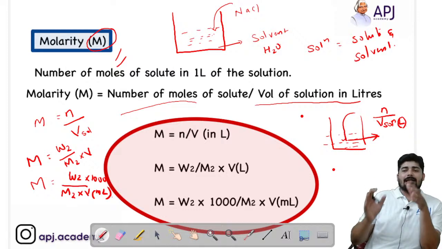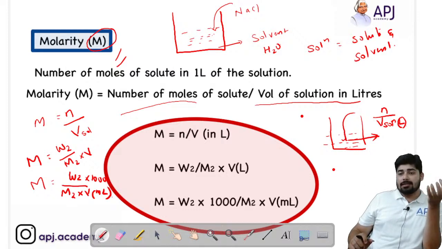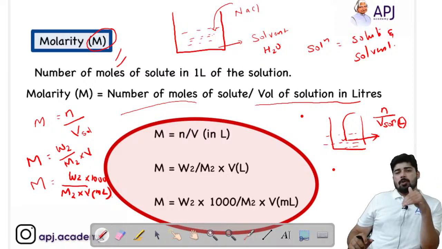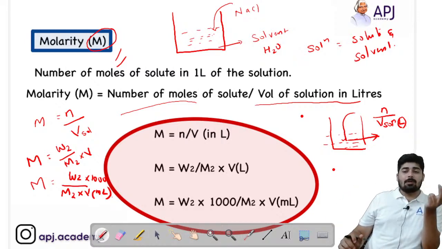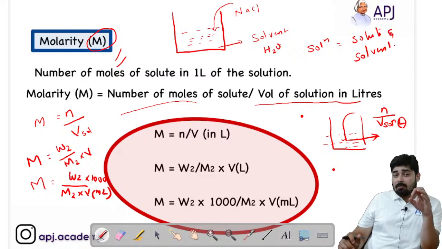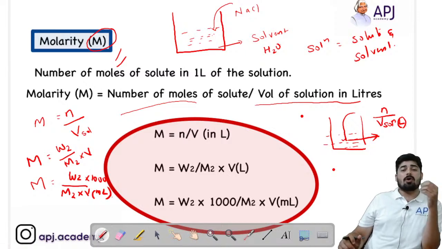So there are three equations to understand molarity. The very first one is molarity equal to number of moles divided by volume of solution in liters. Remember, it is solution. The second one is molarity equal to W2 by M2 into V in liters. Why do you have to change the number of moles? Maybe in certain questions, they will not give you the number of moles. Instead, they just say this many grams of NaCl is used or this many grams of H2SO4 is added.